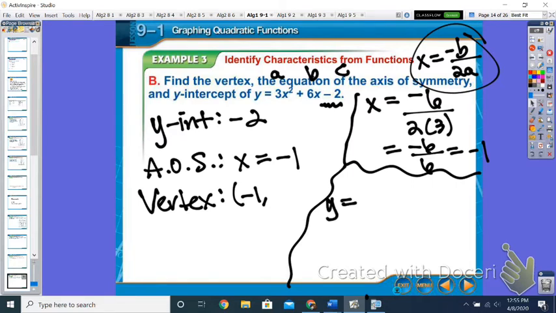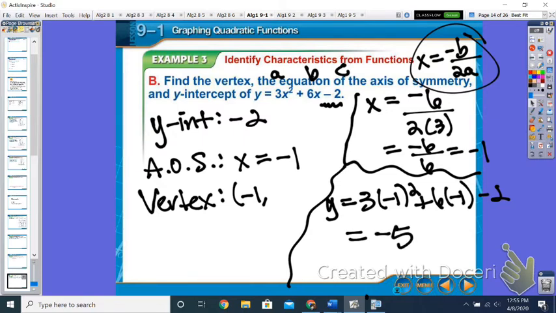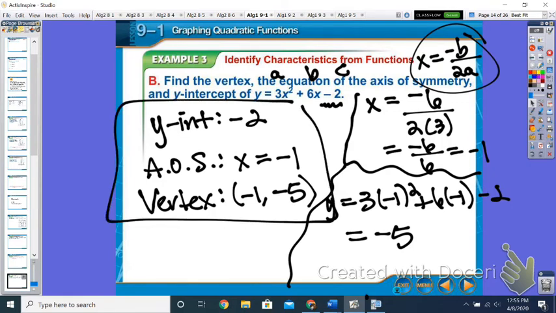Y equals 3 times -1 squared plus 6 times -1 minus 2. And that's going to be 3 minus 6, which is -3, minus 2, which is -5. So -1, -5. And that's what we need on this one.